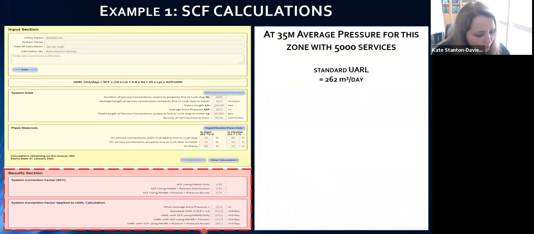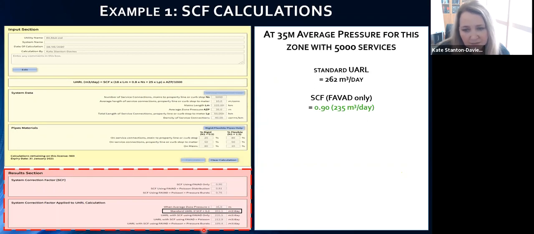First of all, we look at the volume: 262 cubic meters per day if we use the standard UARL equation. If we just consider FAVAD, that gives us a system correction factor value of 0.9 and corrects the volume for UARL to 235 cubic meters per day.